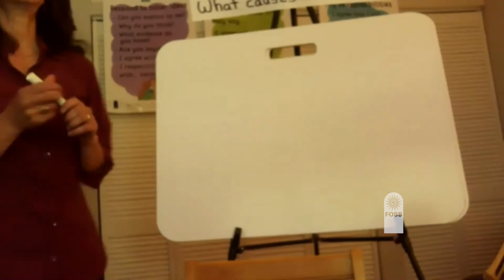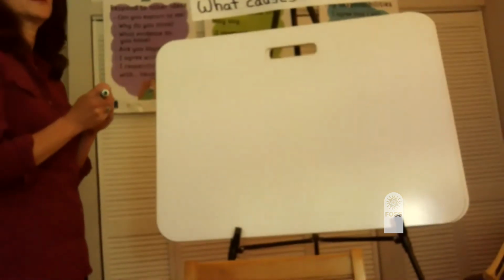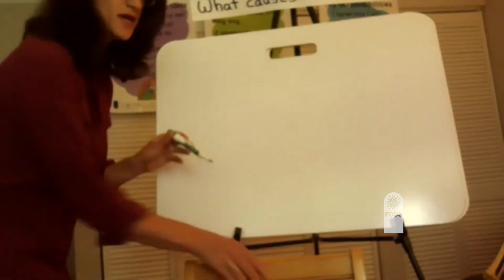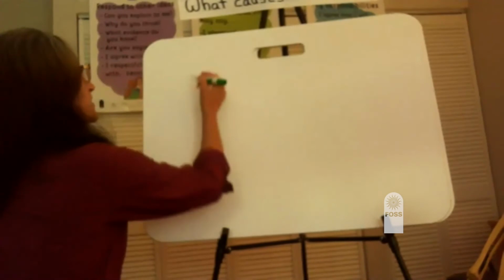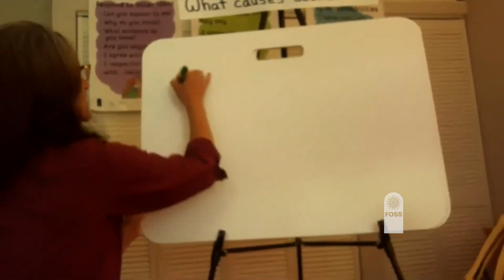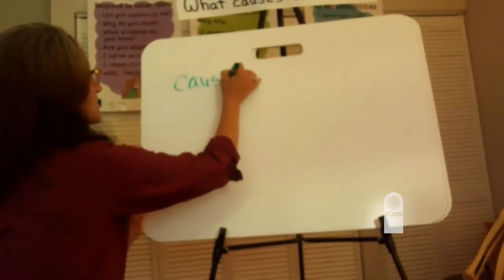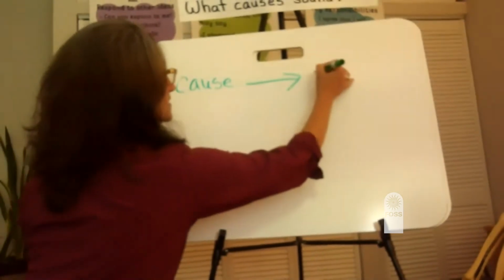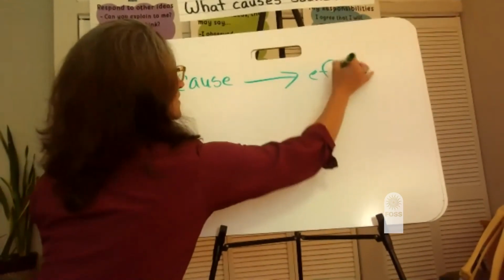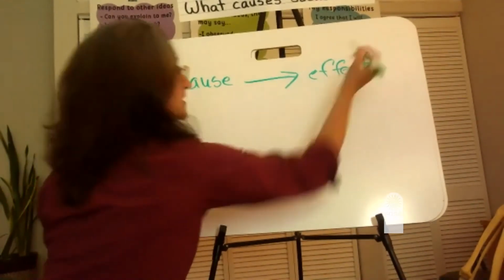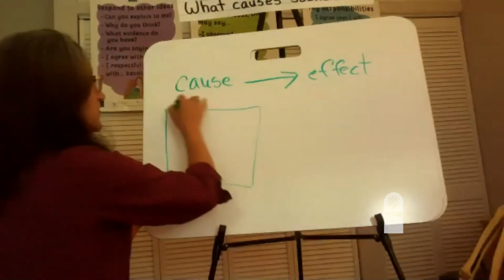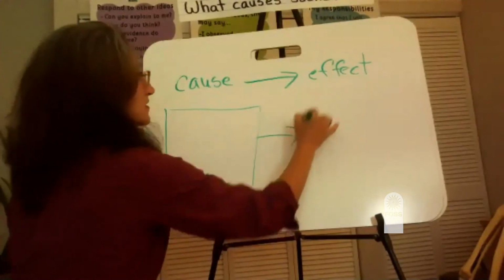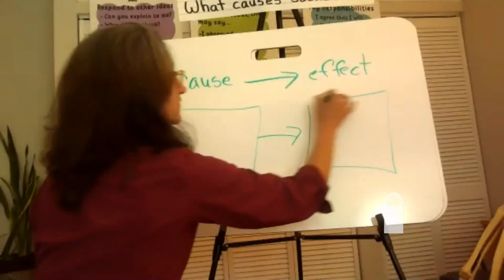I want to demonstrate a little bit more of the sense making that we're trying to do with this. And this is where we introduce cause and effect, right? We want students to think about this cross-cutting concept of cause and effect. One of the things in the investigation guide is to use whatever graphic organizer you're using for cause and effect.